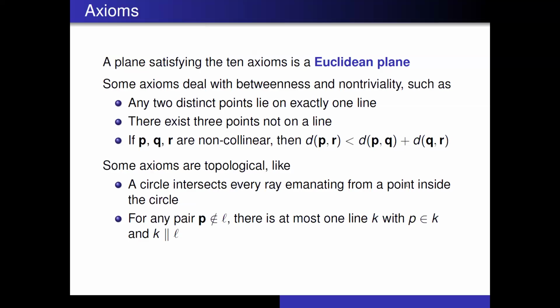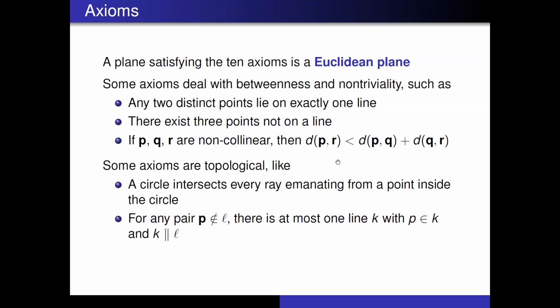And a non-triviality axiom that there exist 3 points that are not collinear. And then the triangle inequality. But notice here we want the strict triangle inequality. If the points are on a straight line, this is equality. But if they're not, then it should be strictly less. This will come up a little later.